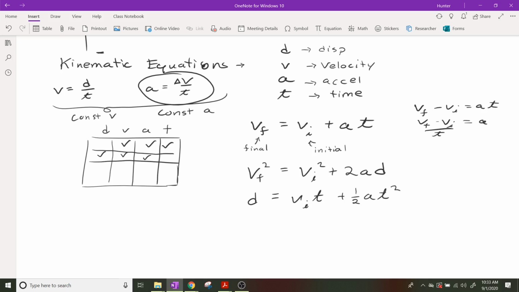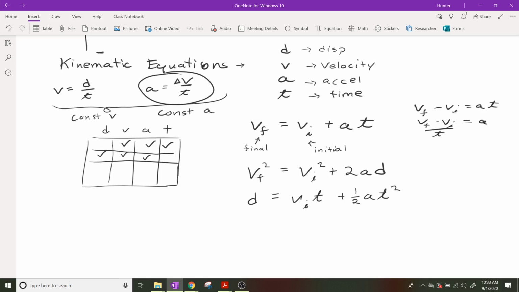If they give you a situation where you don't have the set time interval between those two things, you can still find the total displacement traveled, but you have to do it using Vf squared equals Vi squared plus 2Ad. And that's how you would solve for the velocity having no time.